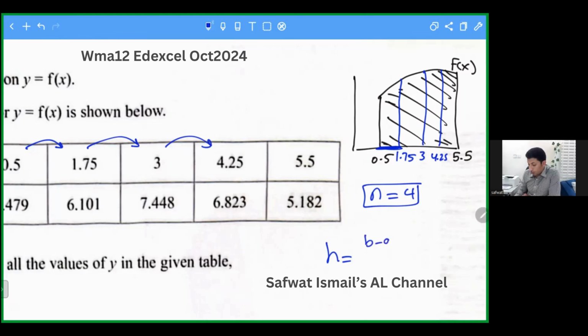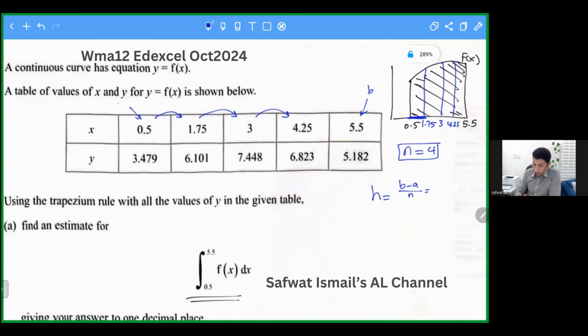So we can use the rule b minus a divided by n. b is the last value for x. a is the first value for x. So you find the total distance from the first x to the last x, then divide that by 4, which is the number of strips. So 5 divided by 4, which is 1.25. So we have the height of each trapezium.